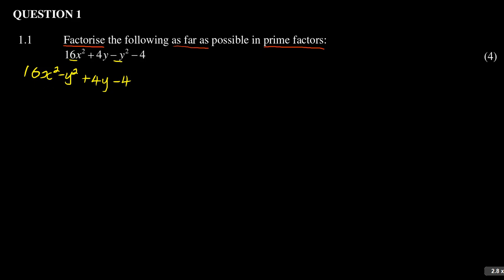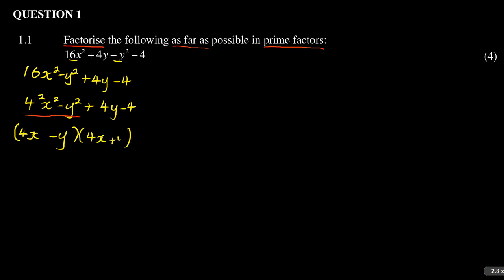This is my difference of two squares, whereby I have my 4 squared x squared minus y squared, plus 4y minus 4. So when I bring these together, it is a difference of two squares, whereby I have my two brackets: 4x minus y, and 4x plus y.